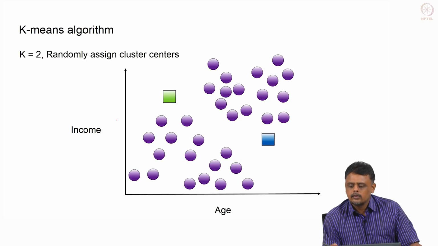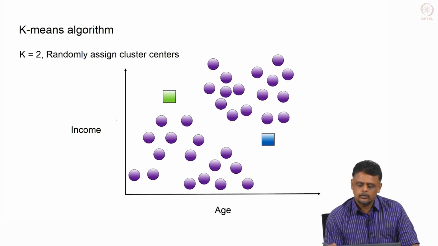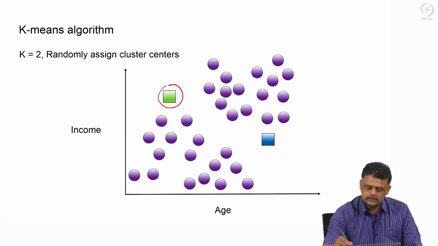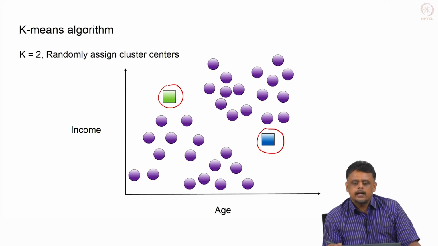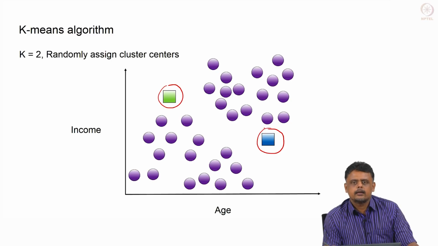So, what we do is we initialize 2 cluster centers, so to speak. These are the 2 cluster centers that we have initialized, correct. This is random, and again we can make some very clever guesses of the initial centers based on the data itself. But right now we just say we will pick 2 cluster centers at random, and of course, when I say at random, it depends on the range of your data.